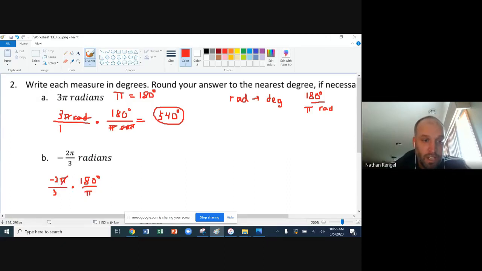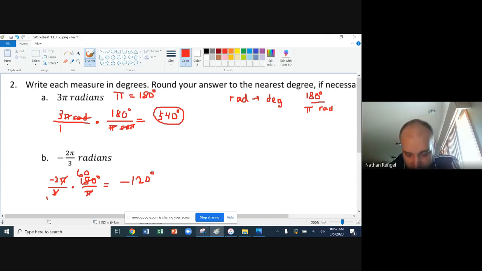Also, your pi's are going to factor. Pi factors here, pi factors here. You have a 3 and a 180, so the 3 can become a 1 and the 180 can become a 60. Negative 2 times 60 is negative 120.